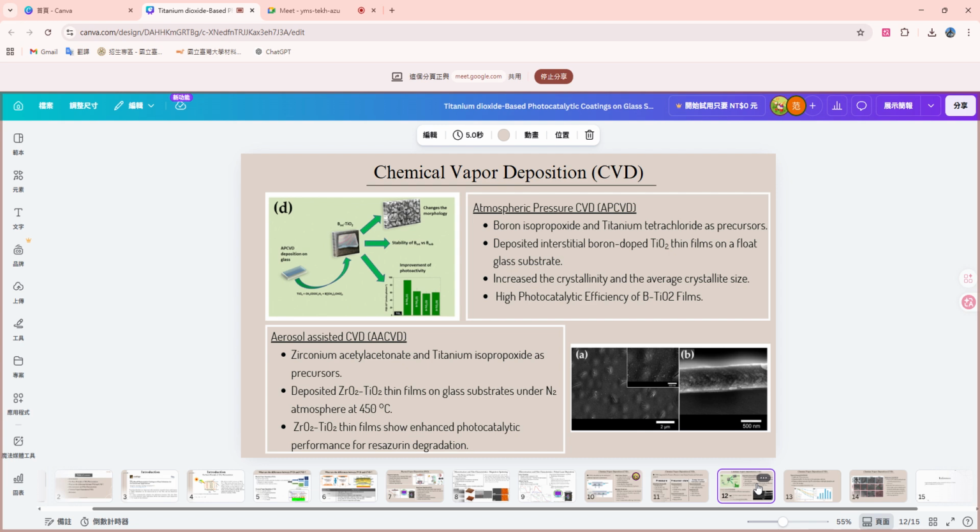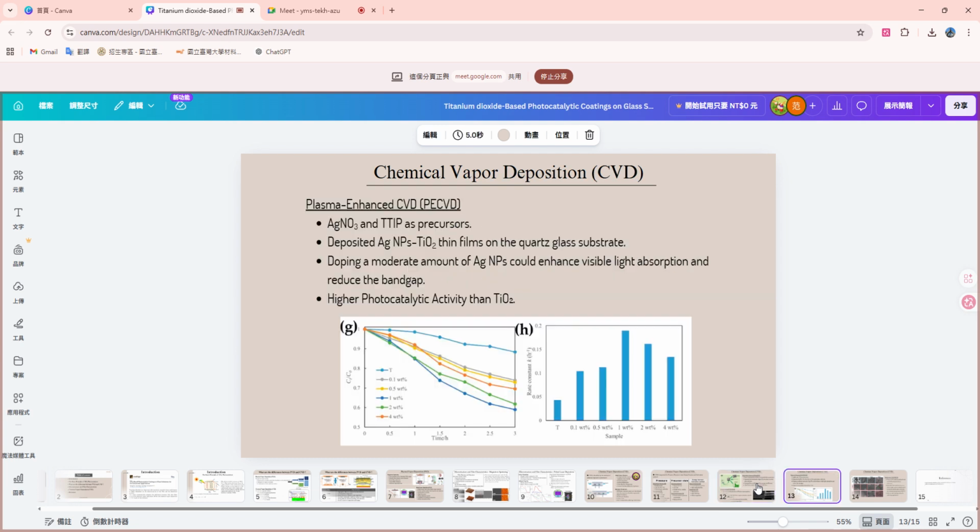Next, thank you. Plasma enhanced CVD deposition of AgNPs-TiO2 composite film on the quartz glass substrate. Using AgNO3 and TTIP as the precursor, the addition of AgNPs changed the morphology of the film with the appearance of particle aggregation.